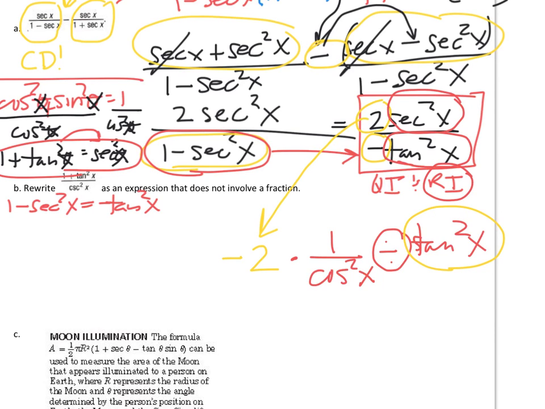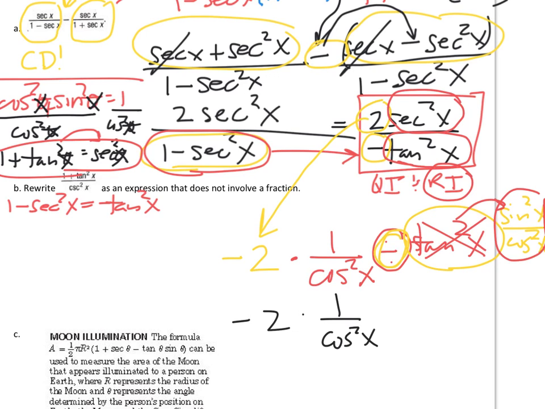I've got to flip it. So because tangent is sine squared of x over cosine squared of x, I'm going to change this to multiplication, and I'm going to take this ratio right there, and I'm going to flip it. So let's clean that up. Negative 2 times 1 over cosine squared of x times cosine squared of x over sine squared of x.